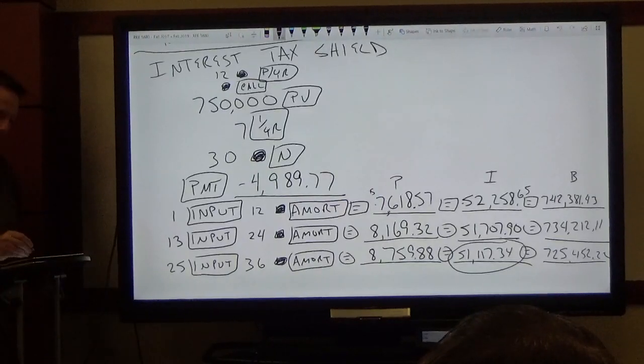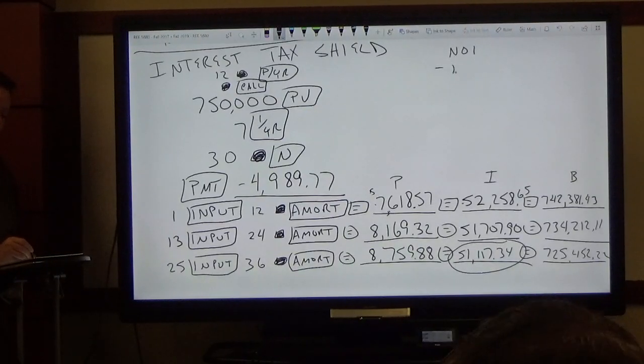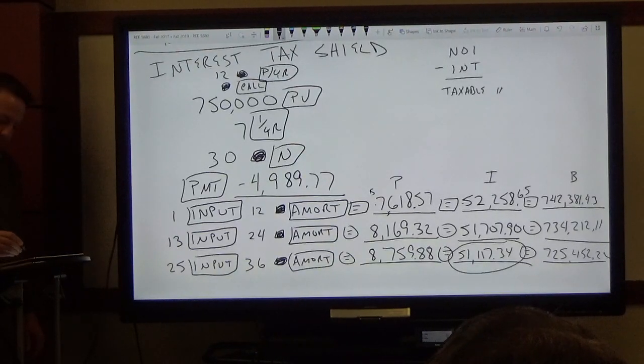If we start and say we've got net operating income, and one of the things that we get to subtract out, there's more than one thing, is interest expense, then that is going to give us our taxable income.